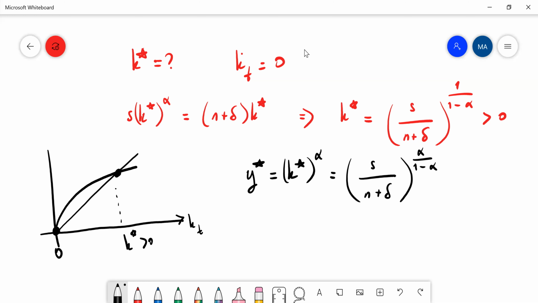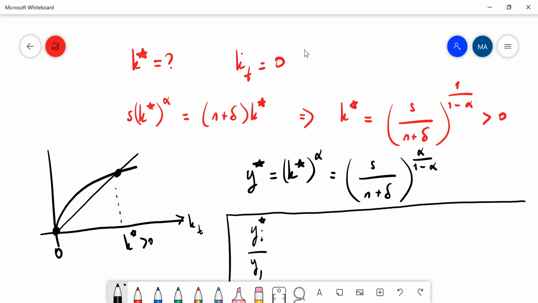Now the analysis of income differences is slightly different. Why? Because if you have two countries in the long run, i and j, let's say, you also have some dependence on population growth rates.